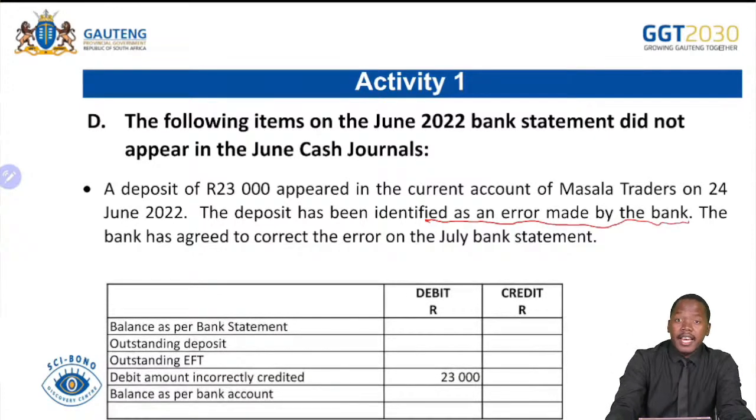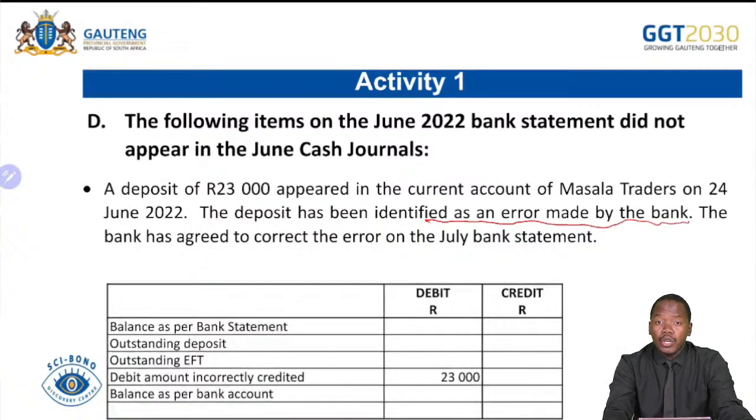The correct entry here, you go to your bank reconciliation statement. Obviously, we will start with our balance per bank statement. We observe the format, followed by the outstanding deposit that should be credited, outstanding EFTs that should be debited, followed by this entry.